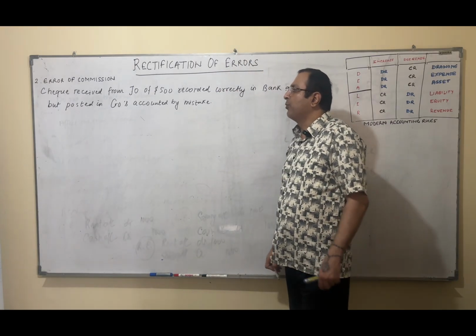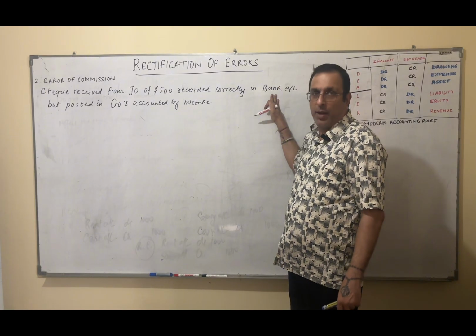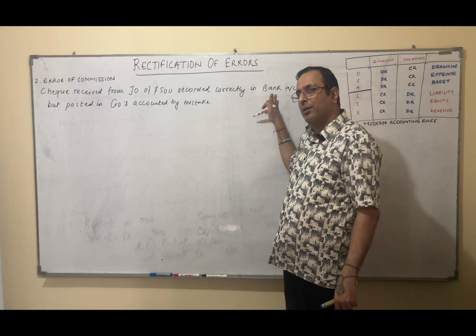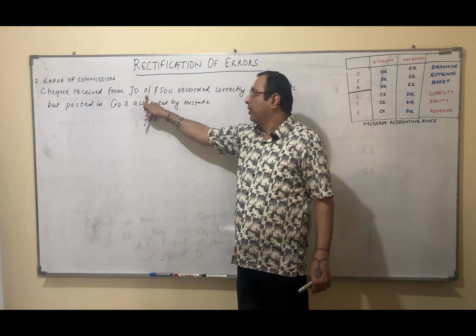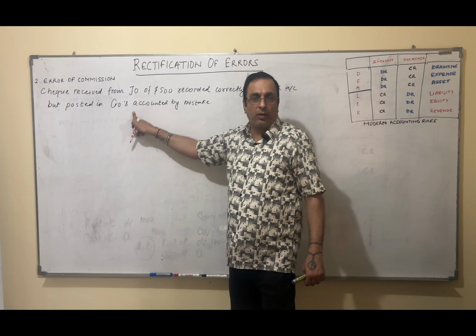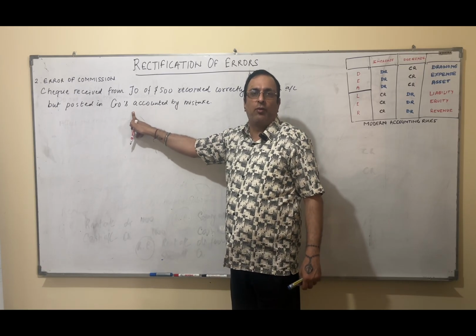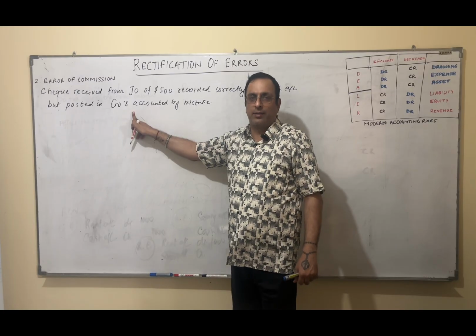We have received check from Joe. We have recorded in the correct side in the bank account, but in place of Joe, we have recorded it in Go's account. So you can again say a person from whom we have to receive cash or check is our trade receivable, an asset, right?